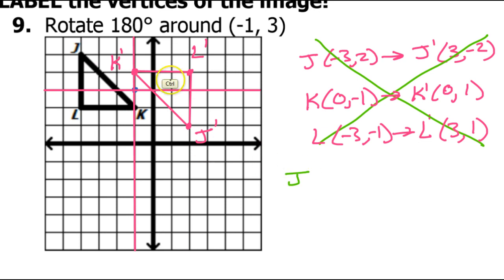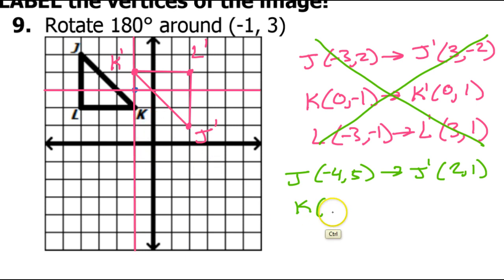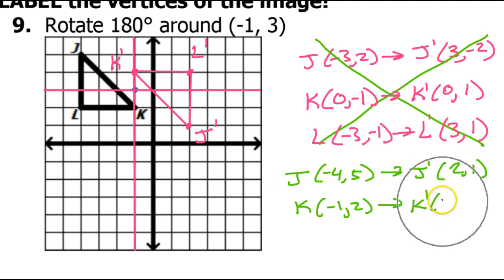So my graph is correct, but now I'd have to say, well, point J is actually -4, 5, and J prime is actually 2, 1. And the point K is actually -1, 2, and K prime is actually -1, 4. And point L is actually -4, 2.